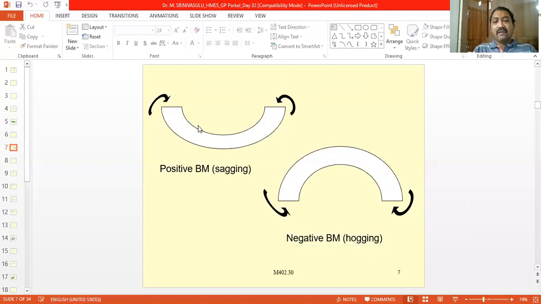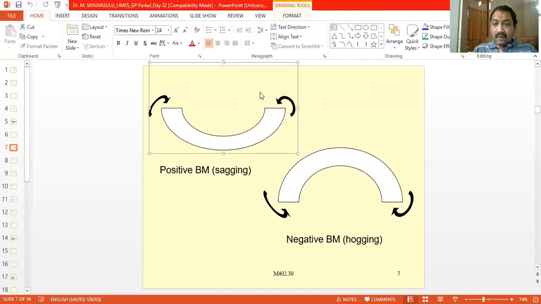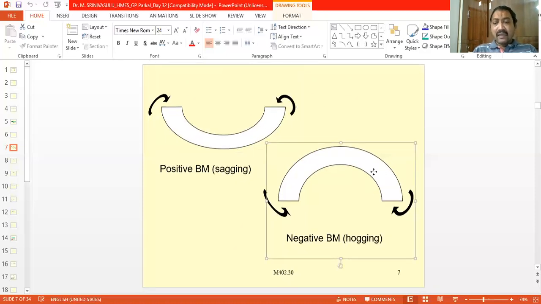Anti-clockwise to the right of the section is taken to be positive, whereas clockwise to the right of the section is taken to be negative. And when clockwise to the right is negative, similarly anti-clockwise to the left will also become negative.